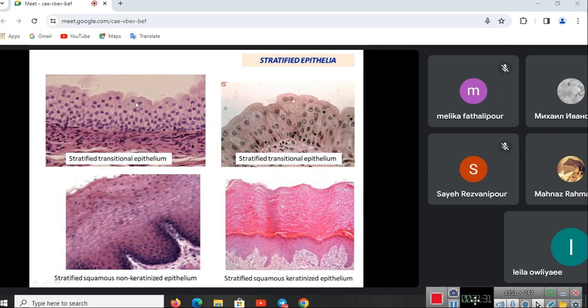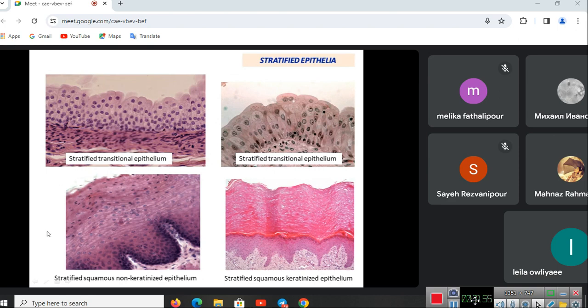And if we look at the shape of the cells of the superficial layer, in the left picture where the epithelium is not stretched, the shape of the cells is rounded, or it is called dome shaped. And here the cells are more flattened in the superficial layer.